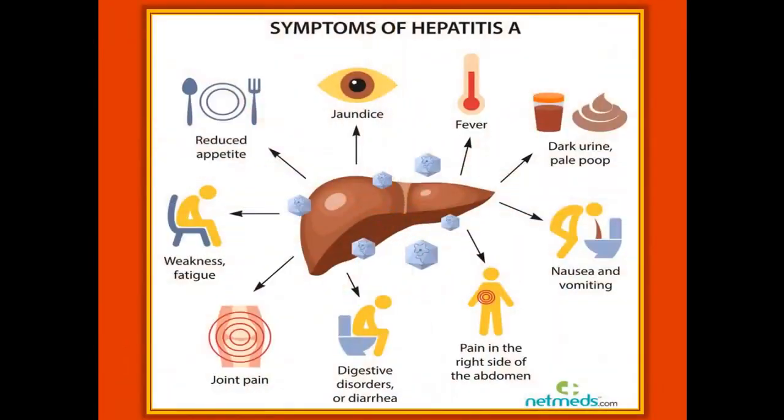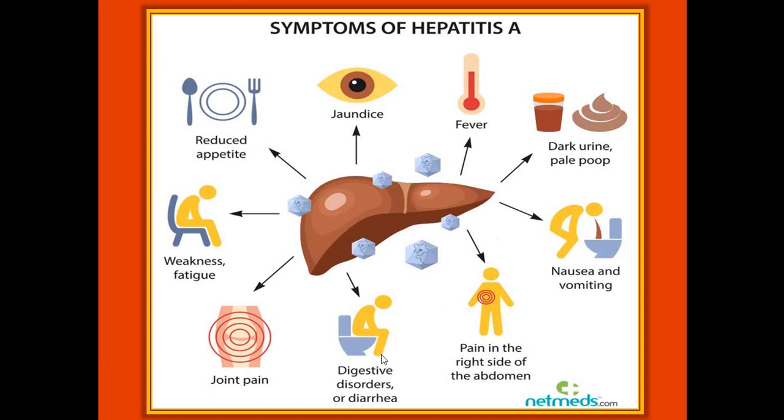So the clinical features or the symptoms of hepatitis are non-specific symptoms, and they may be mild and resemble those of gastroenteritis, in the form of anorexia or reduced appetite, fever, vomiting and nausea, headache, abdominal pain and pain in the right side of the abdomen, and digestive disorders of diarrhea.